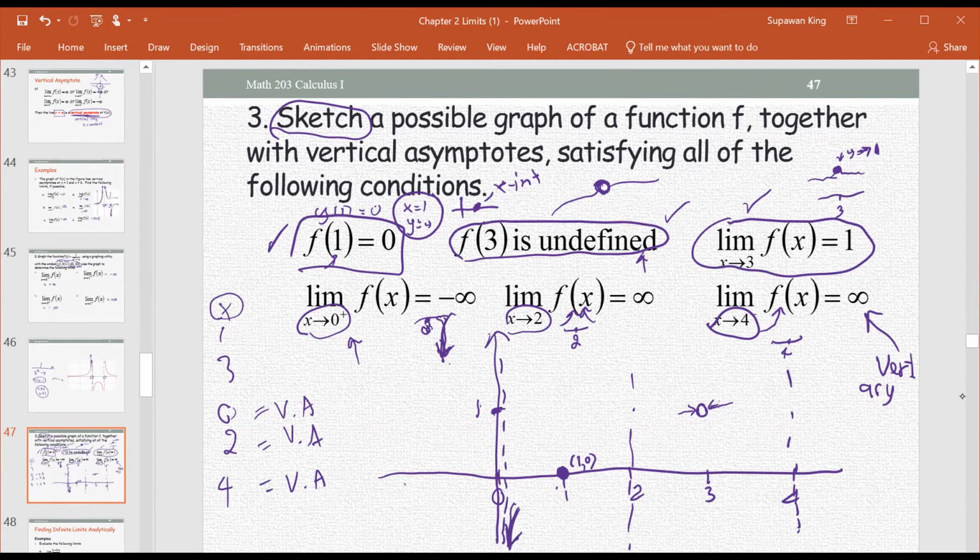And then on the left side and the right side of 2, the graph approaches positive infinity. Okay. At 4 from the left, the graph approaches positive infinity. Now we're going to put it all together. Let me see if I can use a different color. It's getting messy with the same color here.